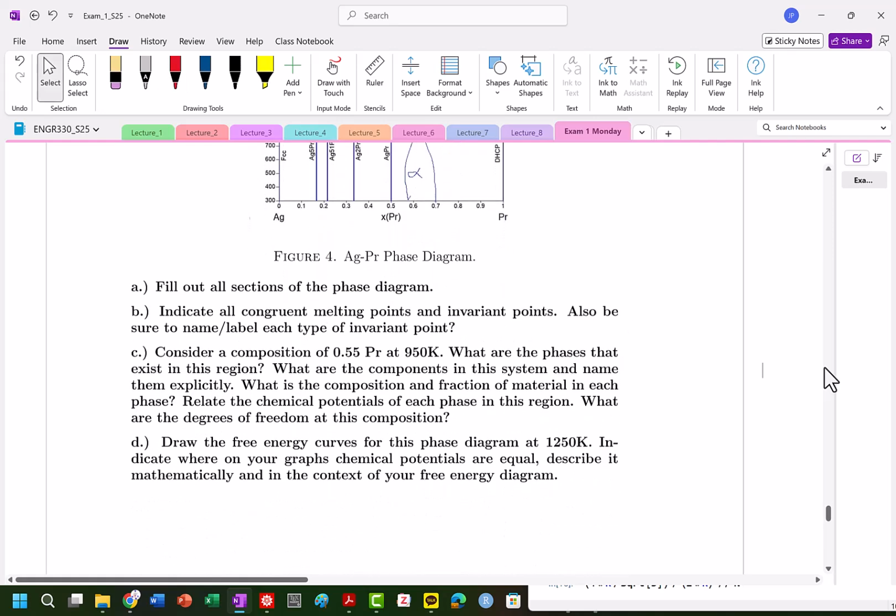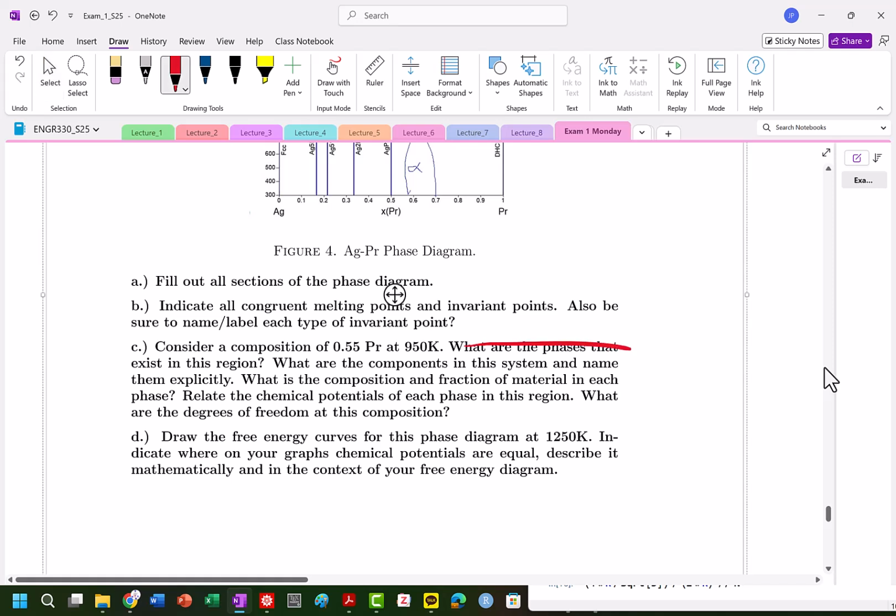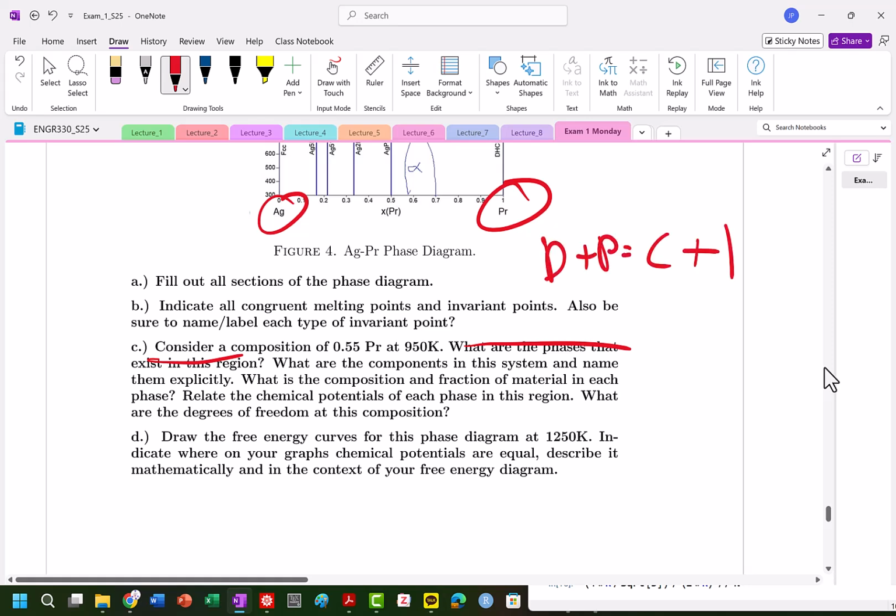Excellent. What are the phases? What are the components in the system? And name them explicitly. Ooh, excellent. So the components are AG and PR. So our degrees of freedom plus P is equal to C plus 1. Our components are 2. Our phases are 2. So our degrees of freedom is equal to 1.